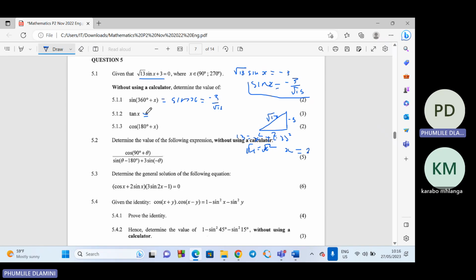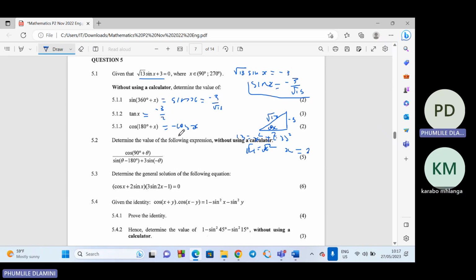So what is tan x? Tan x, you use this graph. Here you put your theta, or your x, let's use x. Tan x is opposite over adjacent, which means it's negative 3 over 2. What is cos of 180 plus x? Now you know cos 180 plus x is in the third quadrant. And cos in the third quadrant is negative, eh? Negative cos x. You see that what we're doing is very important.